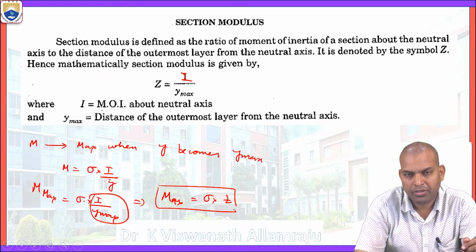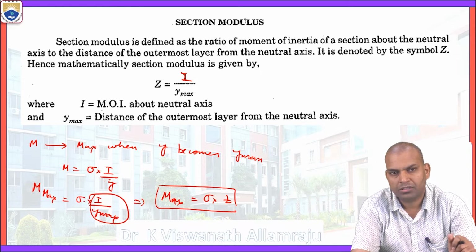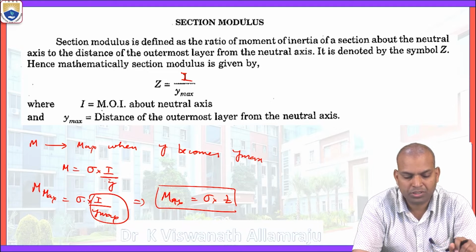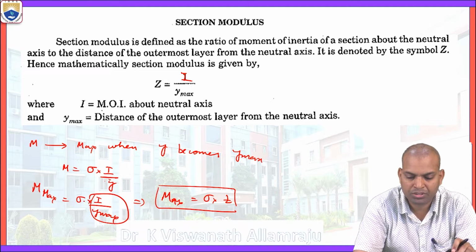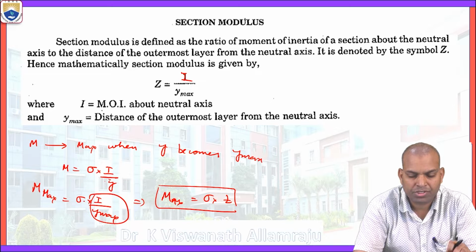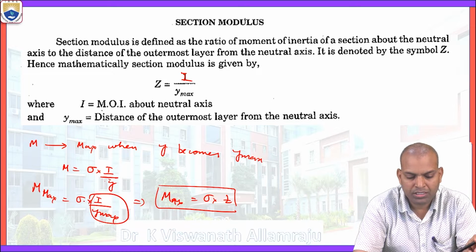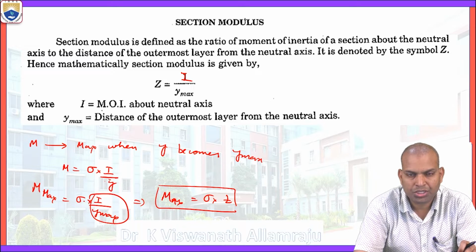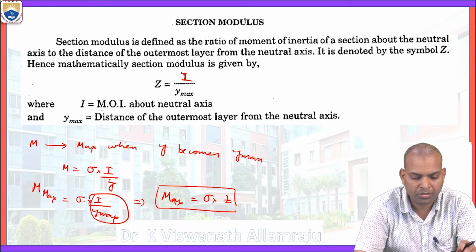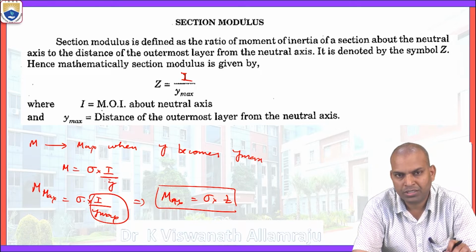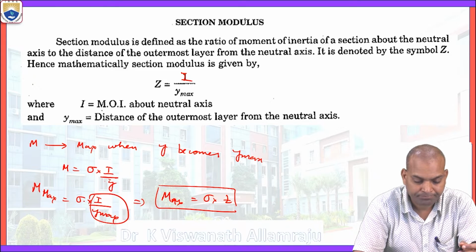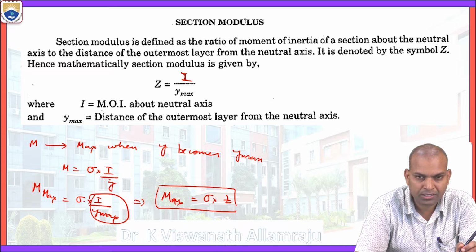So another formula for the bending moment is the maximum stress times the section modulus. Here I is the moment of inertia about the neutral axis, not about some other axis. Now, one more thing is another theorem called the parallel axis theorem.